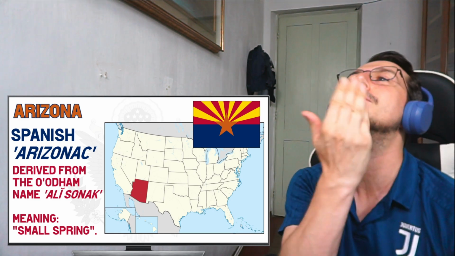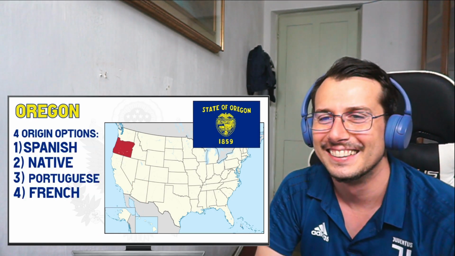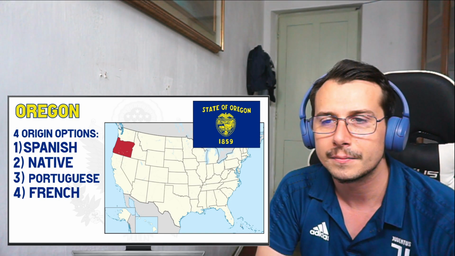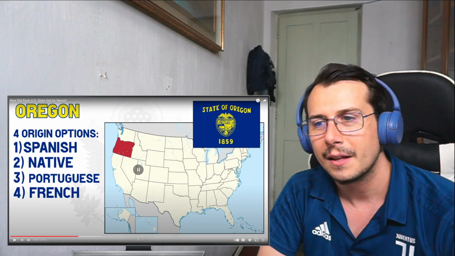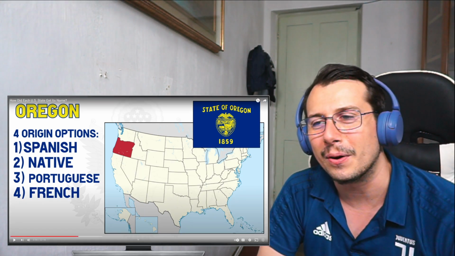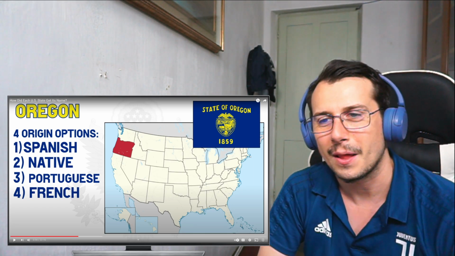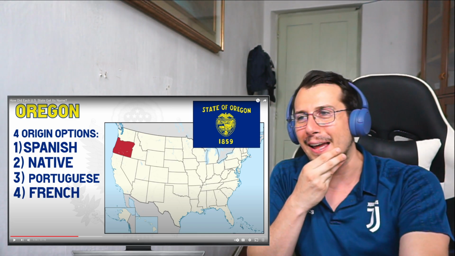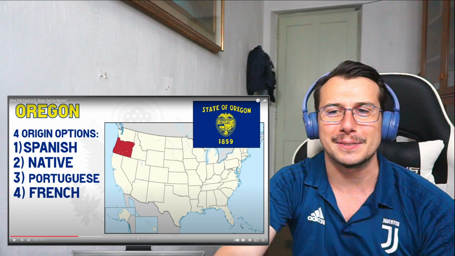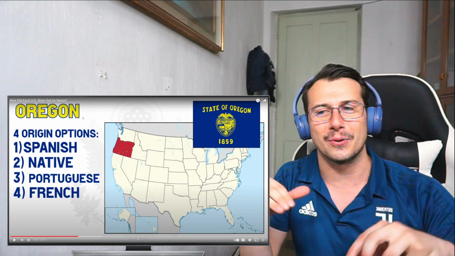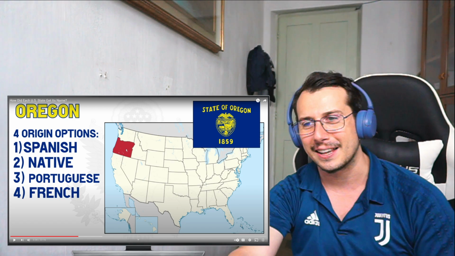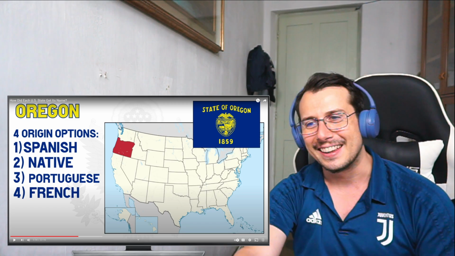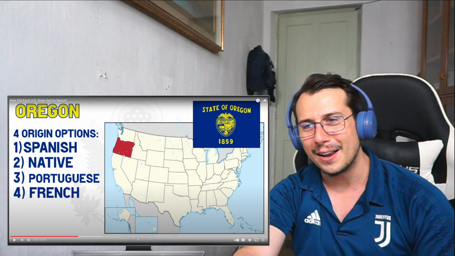I don't care. Further north is Oregon. The name origin of Oregon is disputed and therefore unknown. There are 4 options, it having Spanish, native, Portuguese, or French origin. I mean, Oregon. Wait, let's try to break it down. Okay. Gun, it seems like a geometrical figure. I mean, it kind of looks like a geometrical figure. A weird one though. It could be like 1, 2, 3, 4.